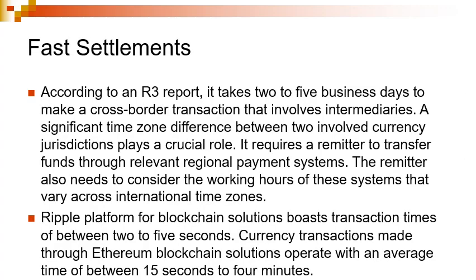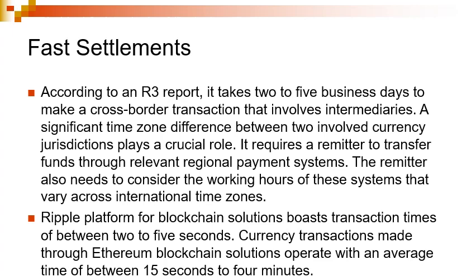Then the fast settlement. Next benefit is, according to an R3 report, it takes 2 to 5 business days to make a cross-border transaction that involves intermediate agencies. And another significant problem with cross-border payments in the traditional way is that the time zones are different. US bank is operating in a different time zone, Indian bank is operating in a different time zone.